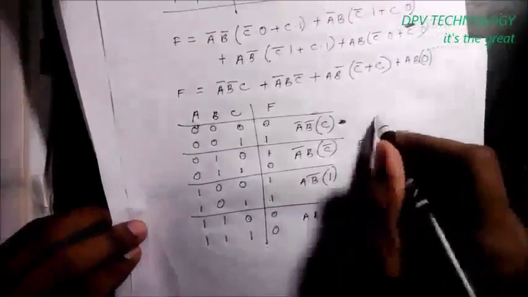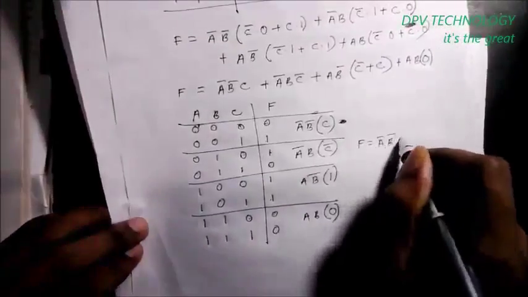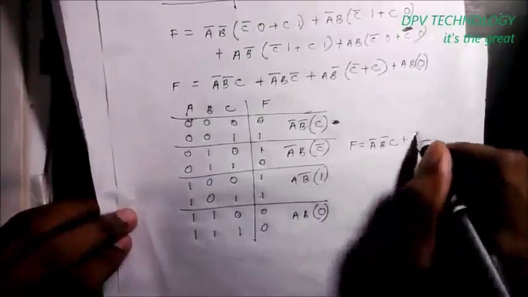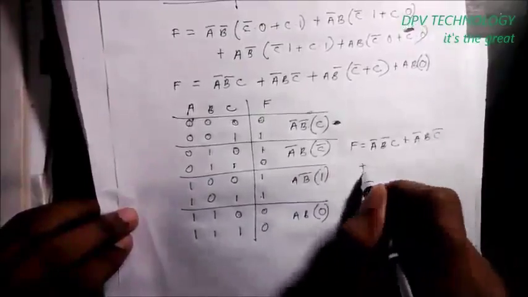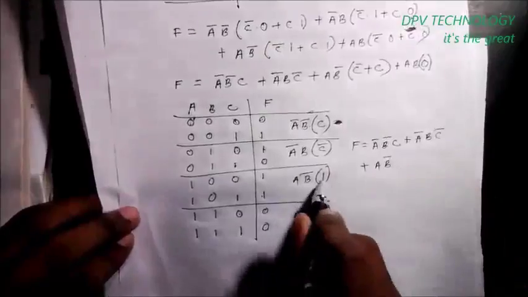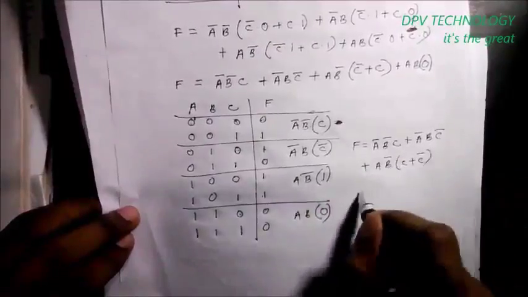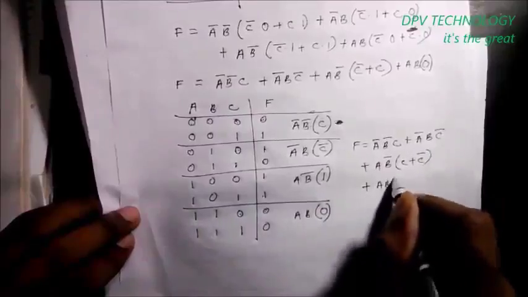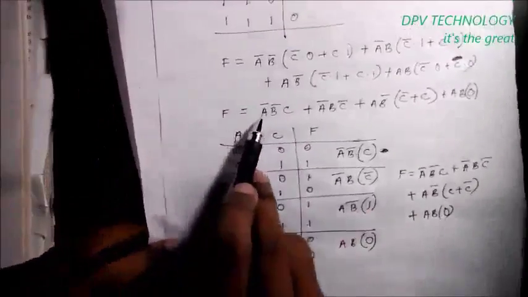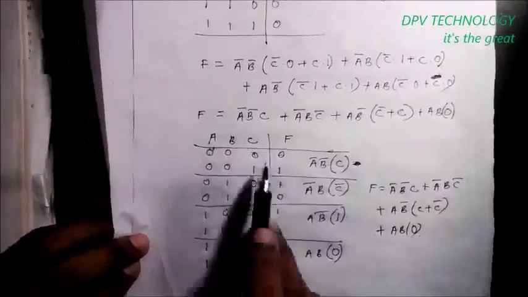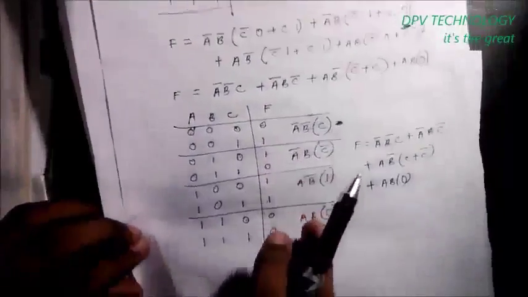That is, F equals A bar B bar C, or A bar B C bar, or A B bar. Here 1 can also be written as C or C bar, or A B 0. So you get the same thing. This is the same as this. So this is a very easy way. Instead of doing all these things, you can do it directly like this.